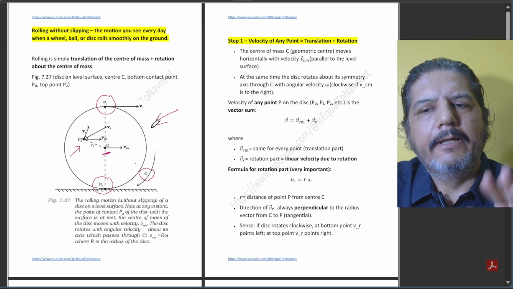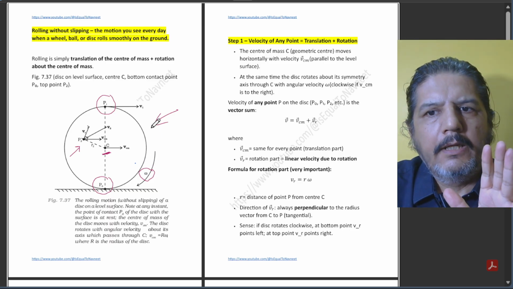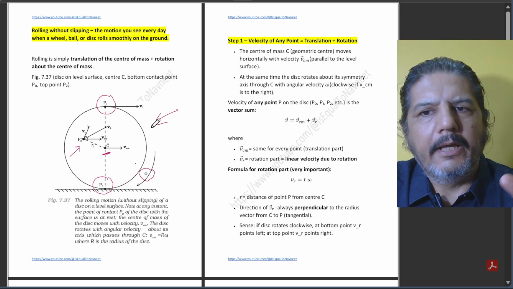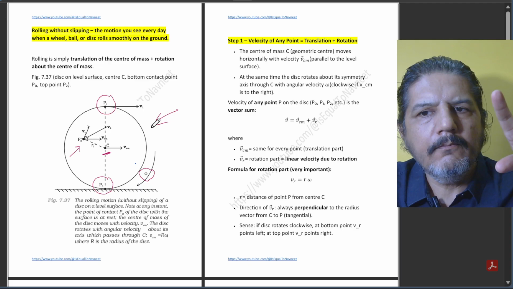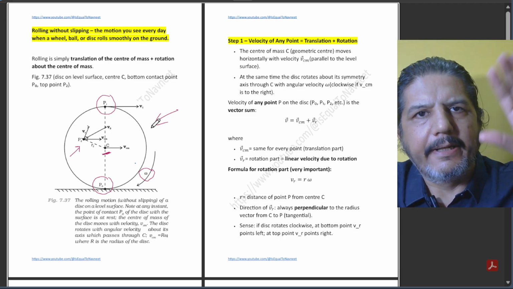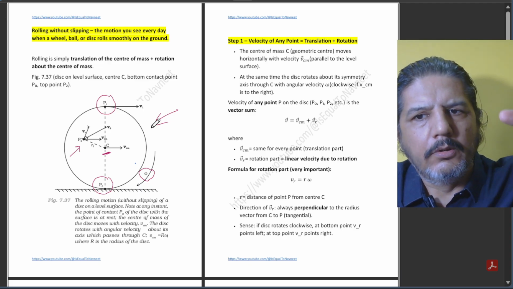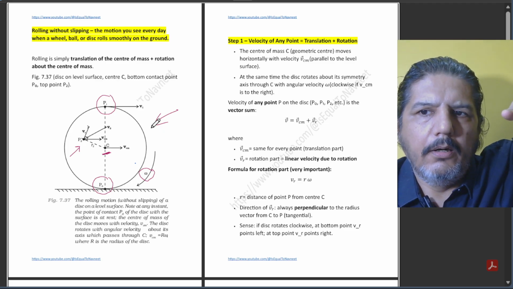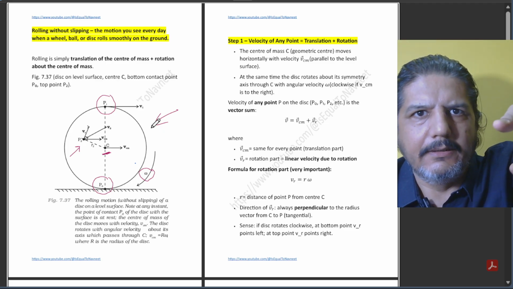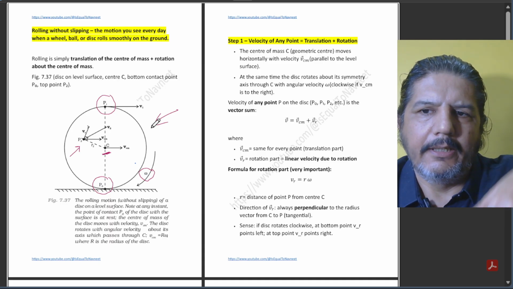Now you should be very clear about the right hand rule. If this is moving in a clockwise direction with the angular velocity omega, when I apply the right hand rule, the thumb would be pointing inside the screen of the laptop.